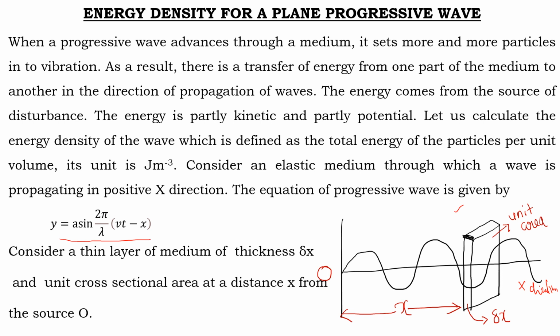First we are considering an elastic medium in which the wave is propagating in the positive x direction, and consider a very thin layer having thickness delta x in that medium, and its area of cross section is unit value. Then that thin layer is at a distance x from the source.